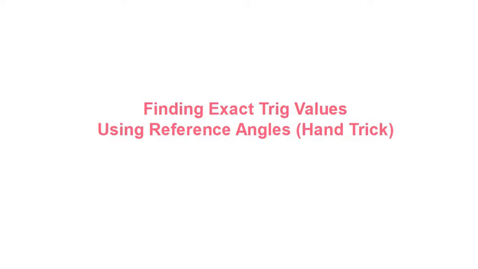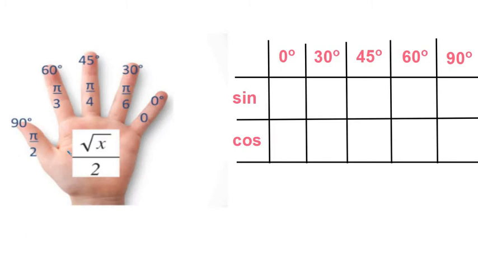So let's look. Remember the hand trick here. 0 is your pinky. This is the palm of your left hand. Pi over 6 and 30, pi over 4 and 45, pi over 3 and 60, and then pi over 2 and 90. So remember that whatever you're looking for, say you're looking for, for instance, sine of pi over 6.